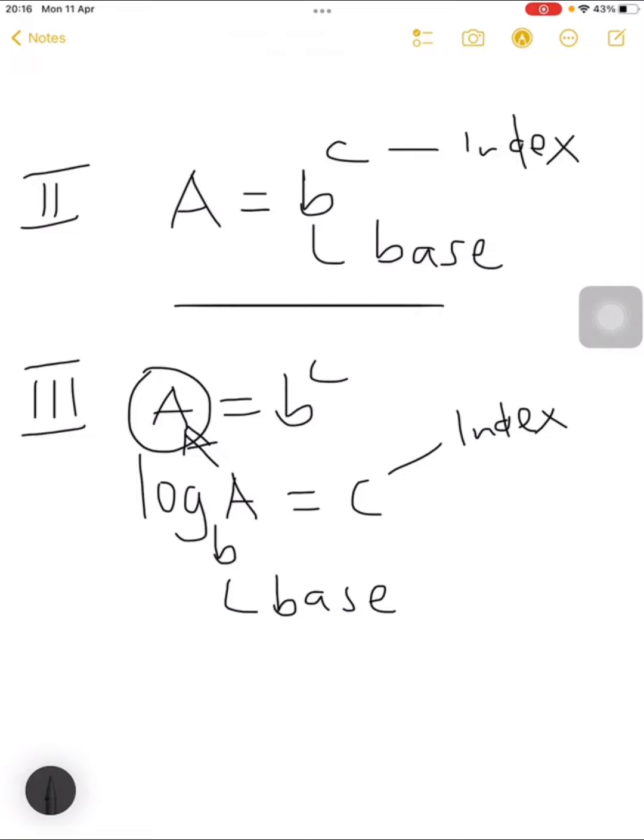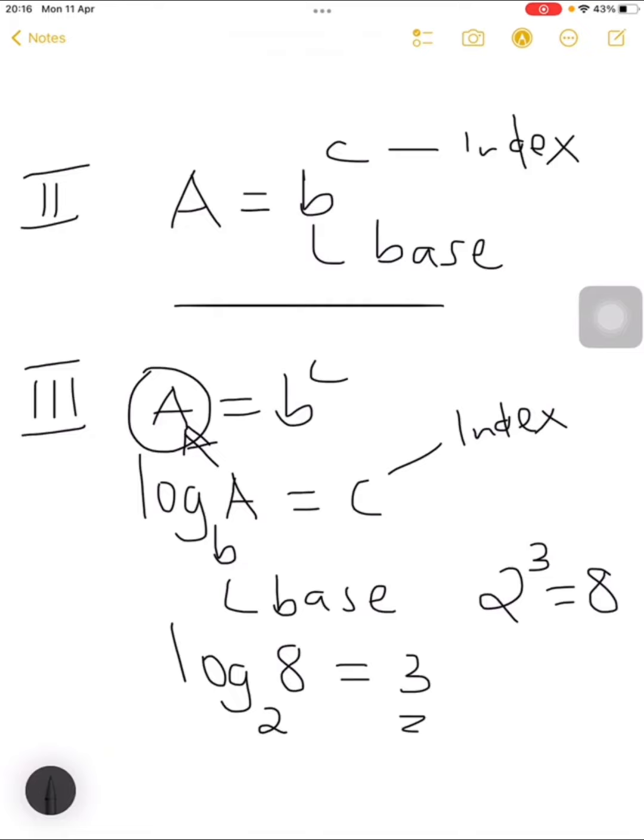If you have, for example, 2 power 3 is equal to 8, and you want to express it in terms of log, you say it's log 8 base 2 is equal to 3. So when you're expressing in logs, your answer is the index, and here is the base.